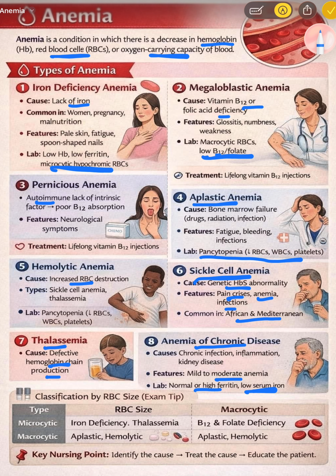Now, how to identify whether it is iron deficiency or thalassemia? Thalassemia is usually present in the history of the patient, and iron deficiency anemia is usually due to malnutrition or pregnancy, or it is also common in the female gender. So we can classify the anemias based on the history and the labs of the patient.